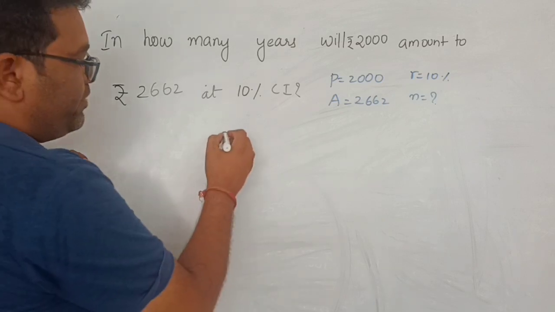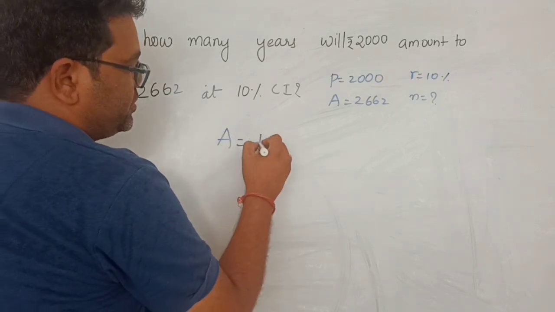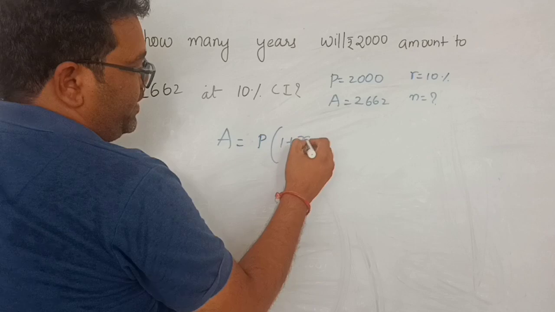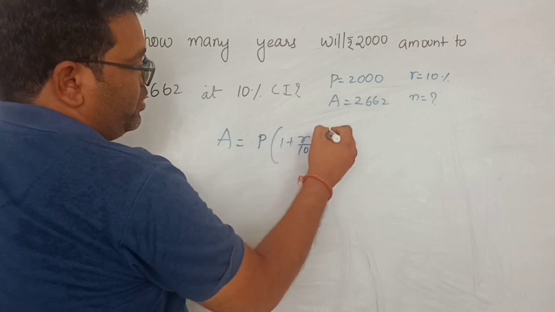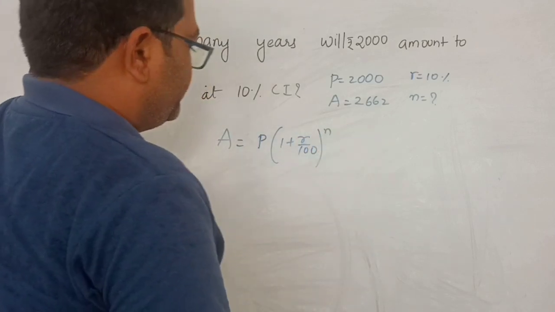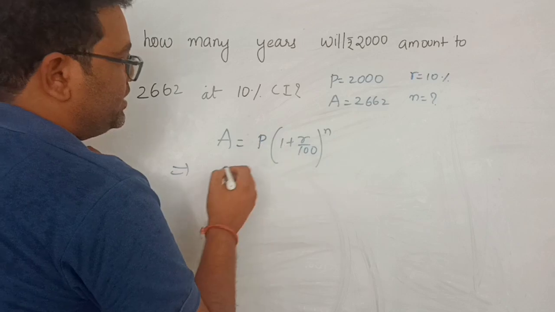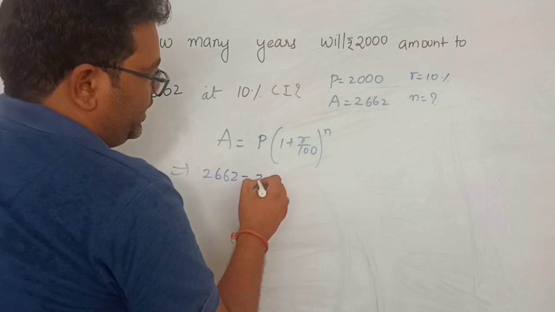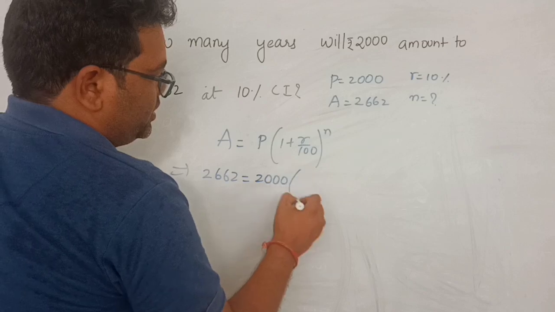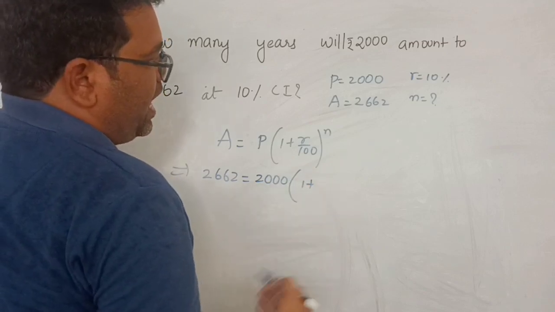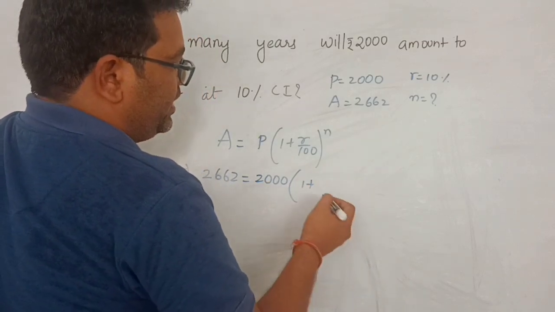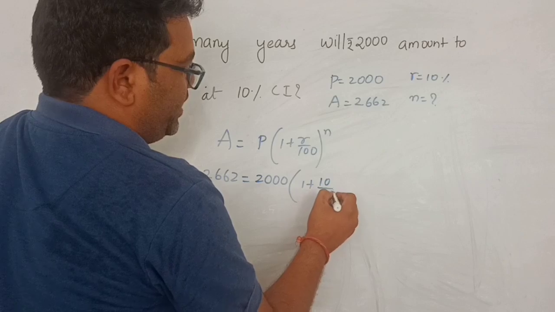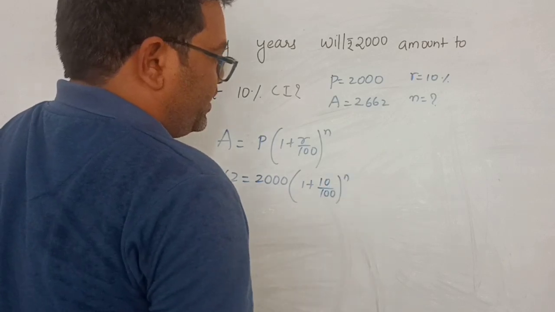So the formula of amount is A is equal to P into 1 plus R by 100 whole to the power of n. So the amount is how much? 2662, and here 2000, 1 plus R by 100. R is 10% by 100 whole to the power of n.